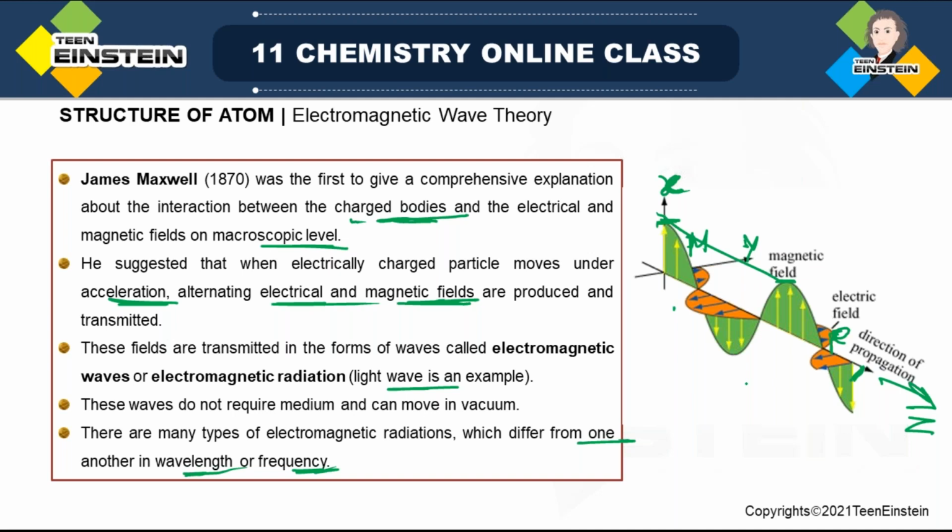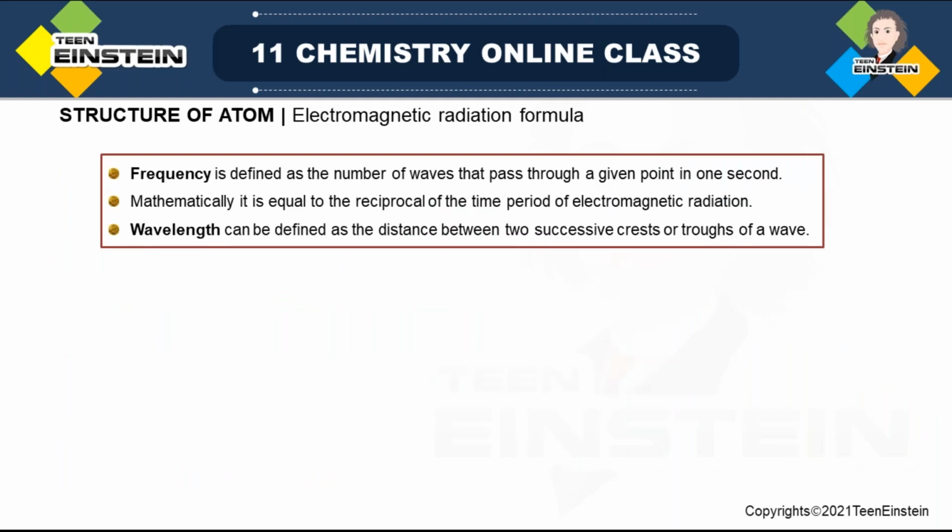So this is wavelength. In the next slide you will see what is frequency and what is wavelength. Frequency is defined as the number of waves that pass through a given point. Suppose when it is moving and you consider some particular point, then another wave is there. Now it is very narrow to each other, still the point is here.